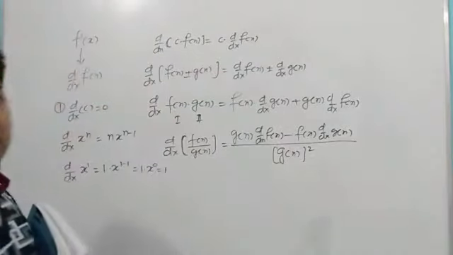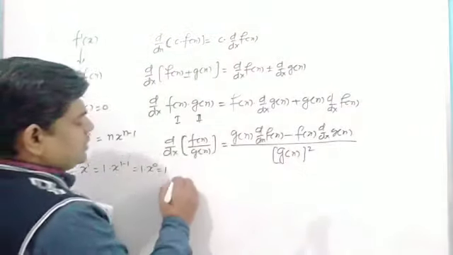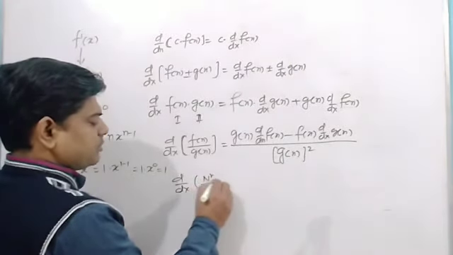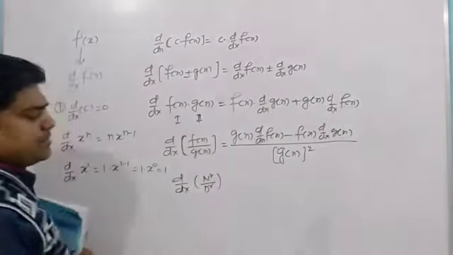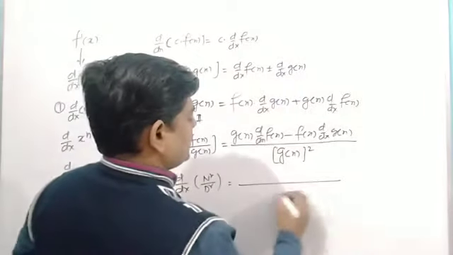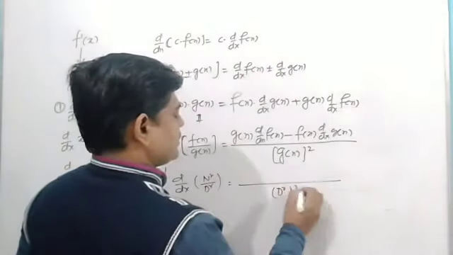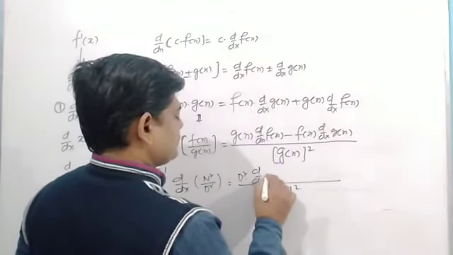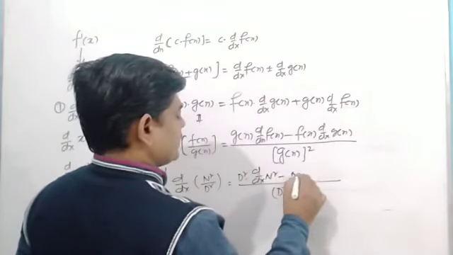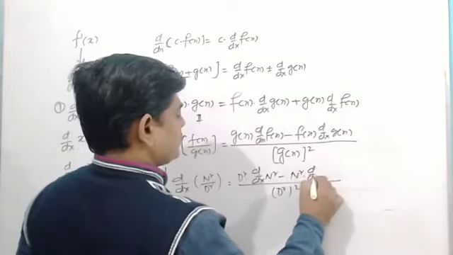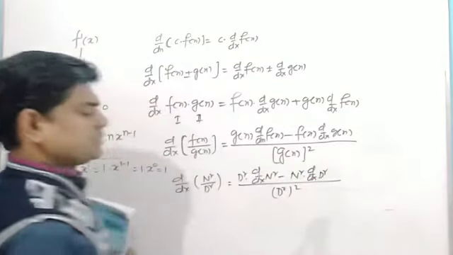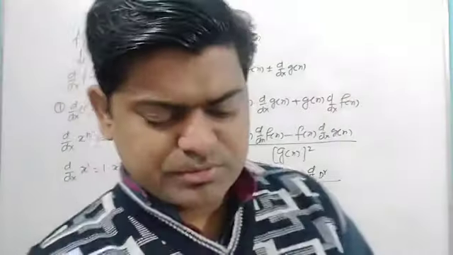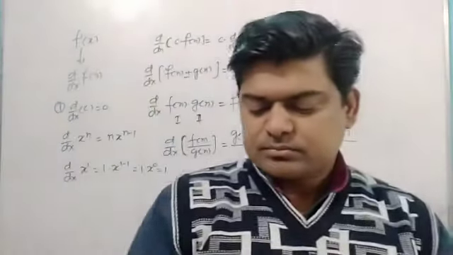To make it easier, I may learn it in this form: d/dx of numerator upon denominator, means of a fraction. So simply I can write here denominator square, denominator into d/dx of numerator minus numerator into d/dx of denominator, over. So these are the few things that I want to discuss with you in this exercise.